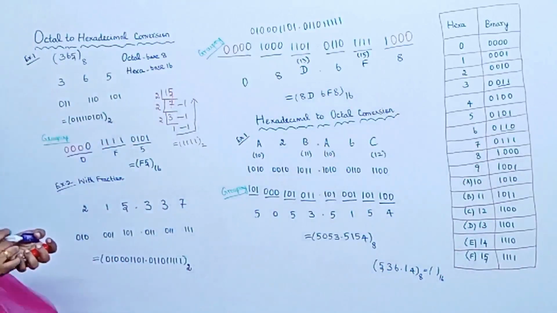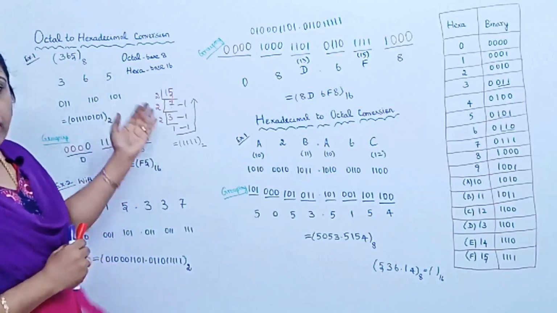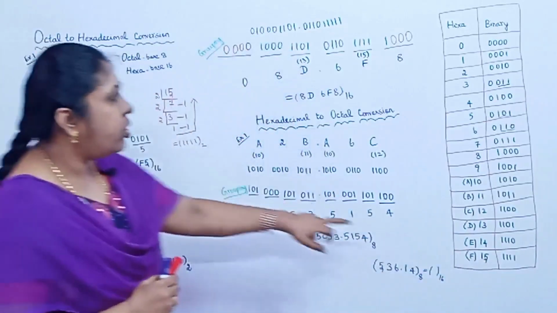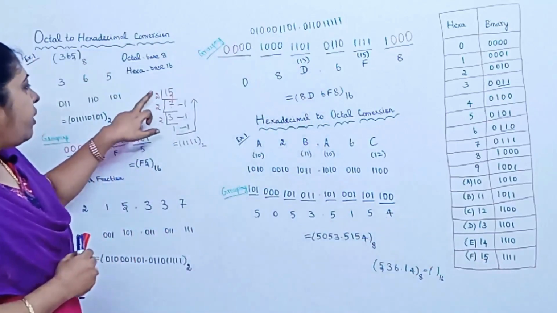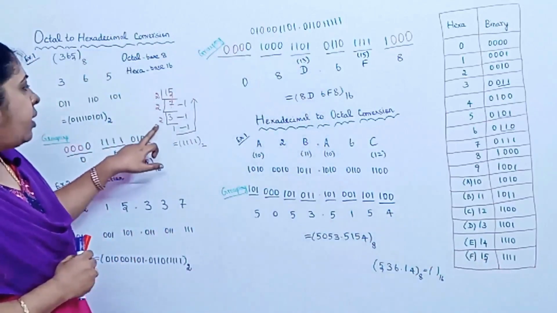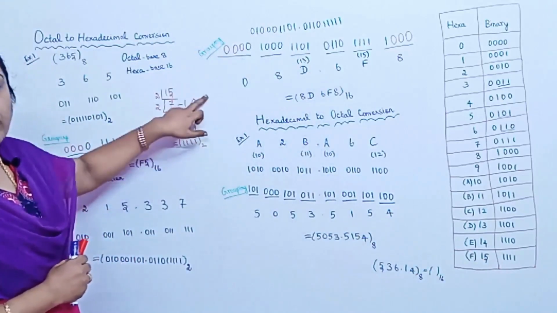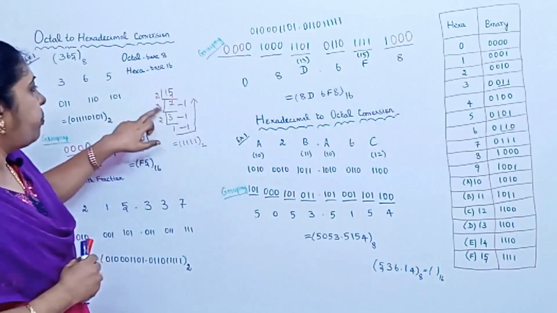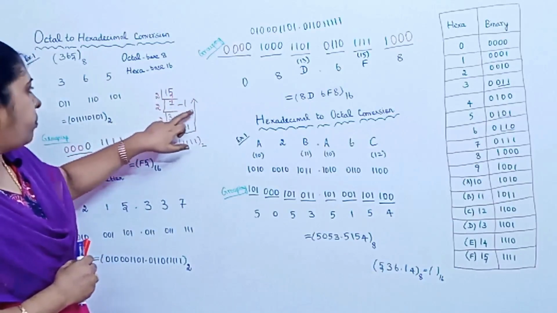Suppose we can't remember the table values, consider a small tip. Consider a number with value 15. We want to know the equivalent binary value. To find it, divide the number by 2 continuously, note the remainders, and finally write the answer from the bottom to the top. 15 divided by 2 gives 7 as quotient and remainder 1.